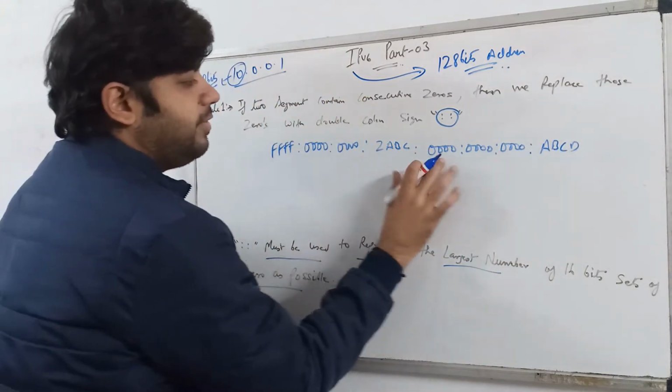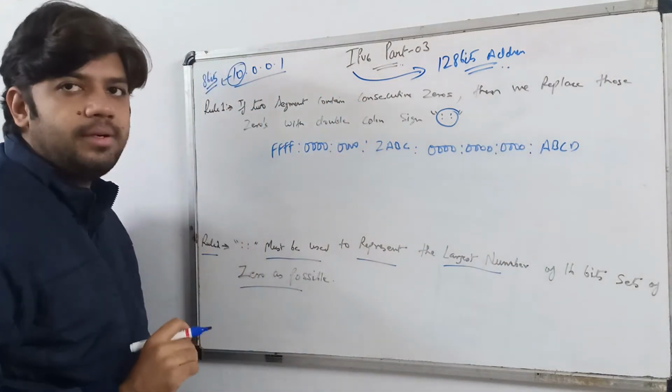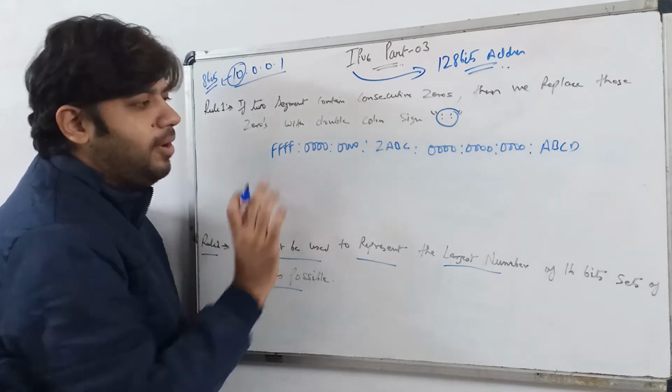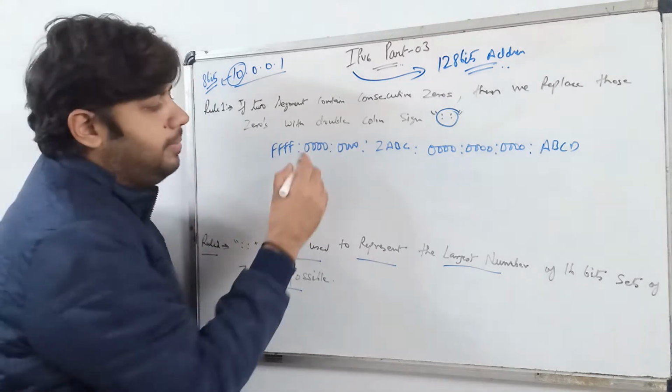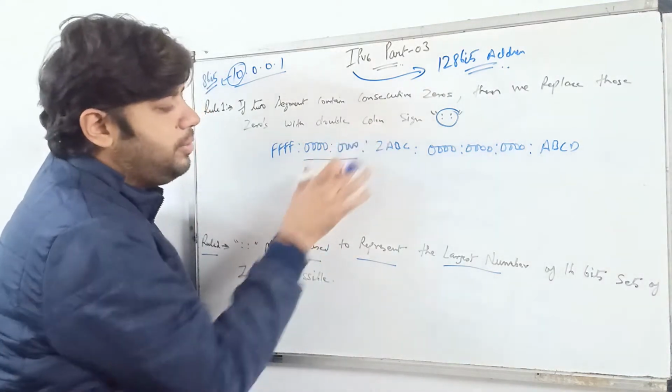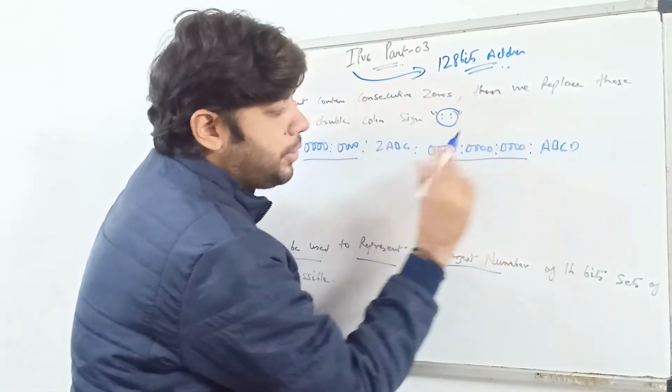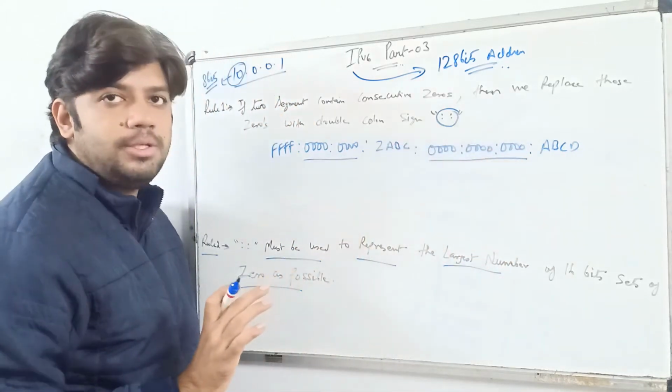That is 8 segments. Now how can we abbreviate this form? We have 2 zero segments, so we could use a double colon there, and over there we have 3 consecutive zero segments.